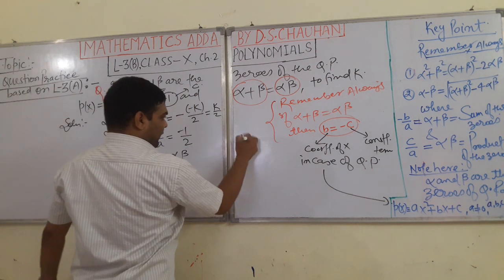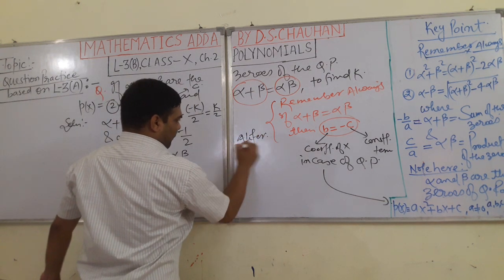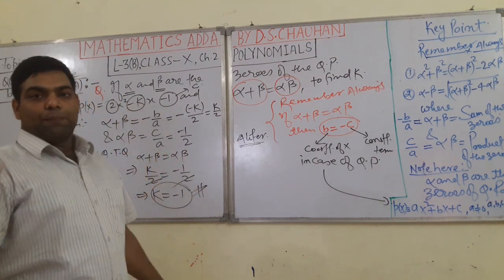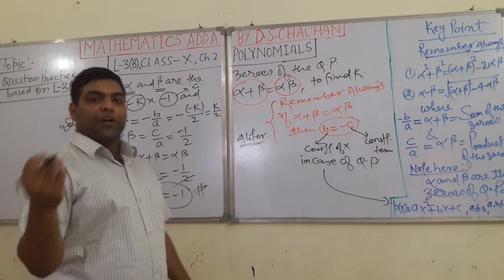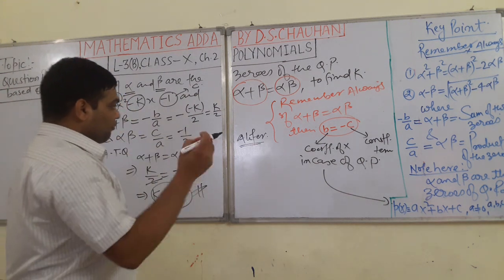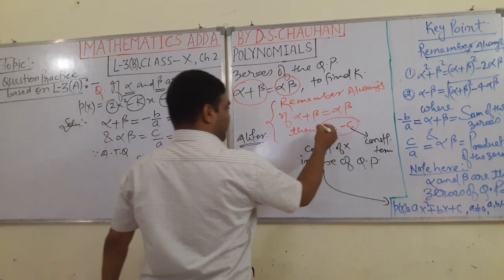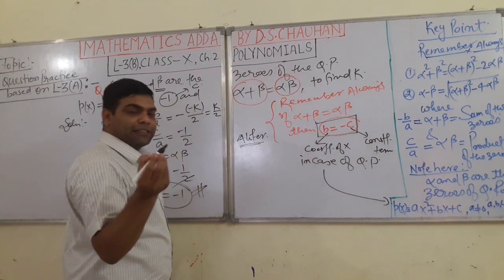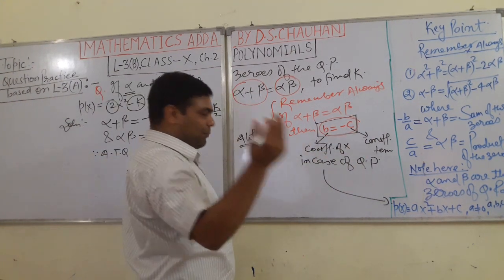If anywhere it has been given alpha plus beta equal to alpha beta, that is, sum of the zeros equal to product of the zeros, then students you have full right to write b equal to minus c, where the symbols have their usual meaning.